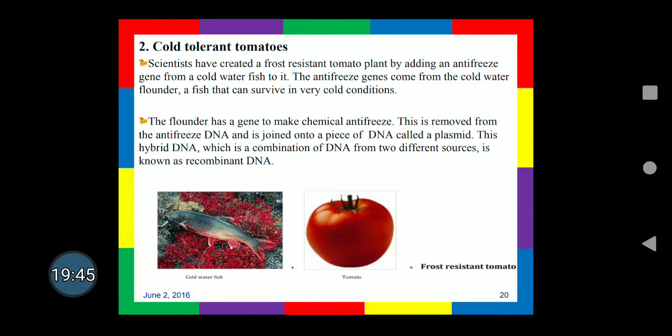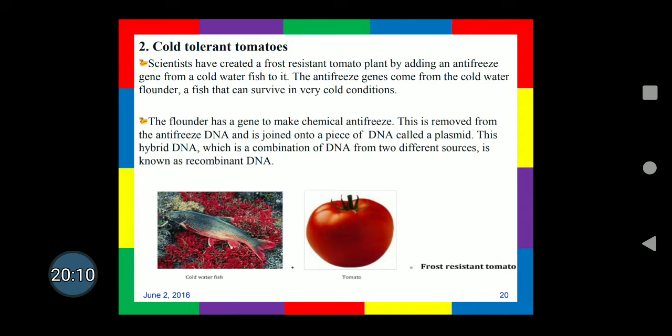Next one is cold tolerant tomatoes. The scientists have created frost resistant tomatoes by adding the antifreeze protein, which is derived from cold water fish. The antifreeze gene comes from the cold water flounder, the fish that can survive in very cold conditions. The flounder has the gene to make chemical antifreeze.